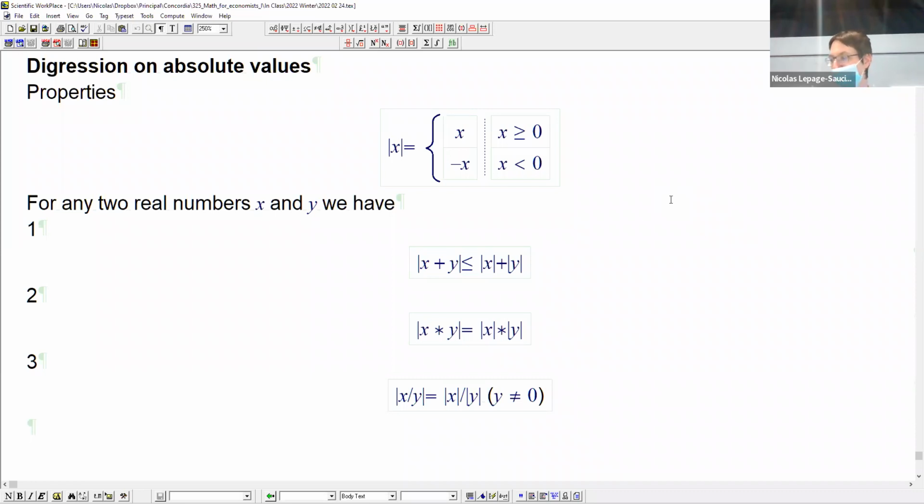Good. And now convert this. I hadn't done this before I started teaching this. So for you it should be quite easy maybe: absolute values into inequalities.